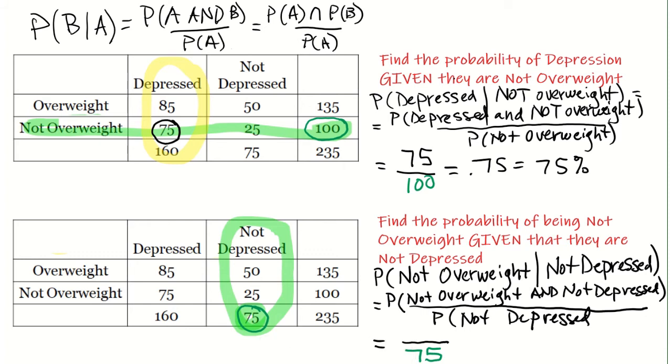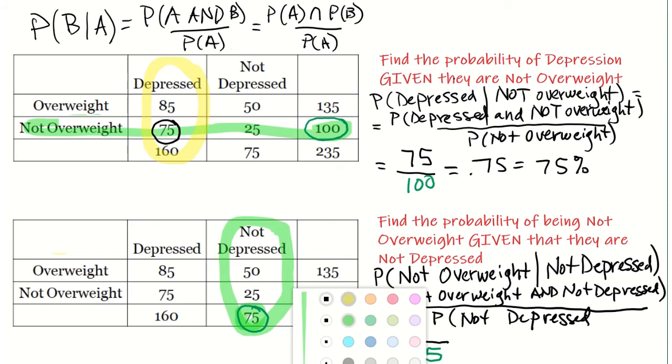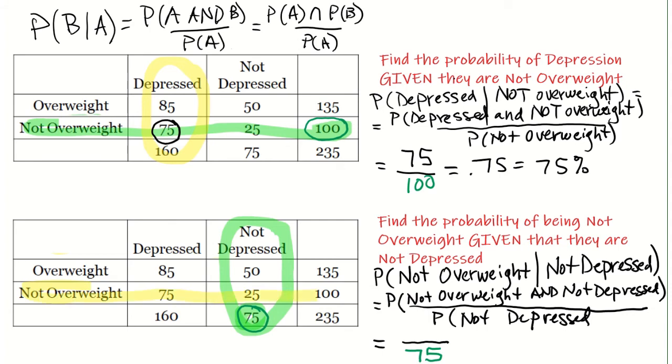Then I'm going to find the number of participants that identified as being not overweight, and I'm going to be looking for the intersection of where the not depressed and not overweight meet, so that gives me 25 divided by 75, which is 0.3333, which is 33.33%.